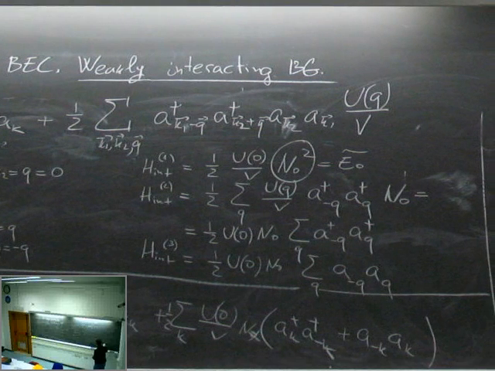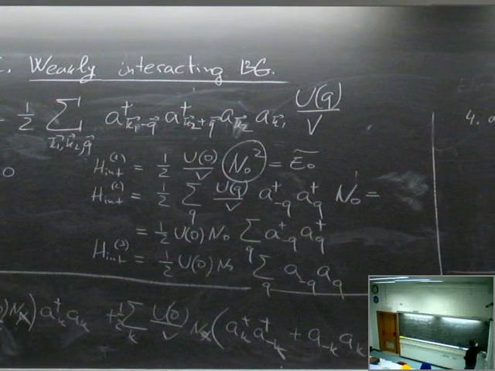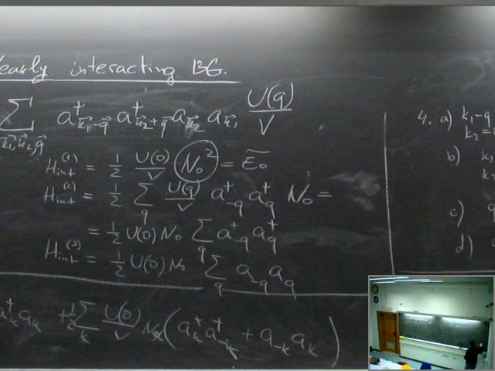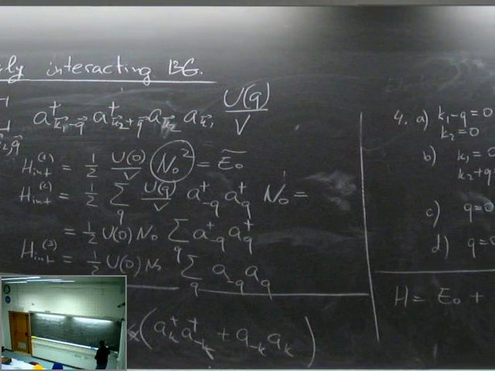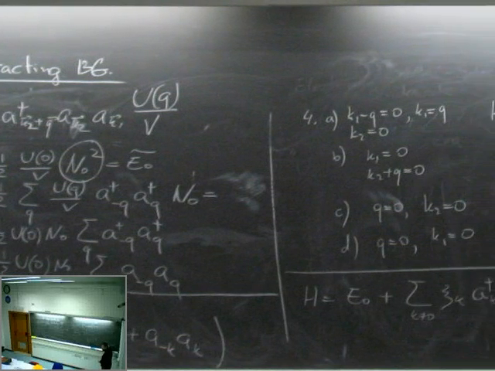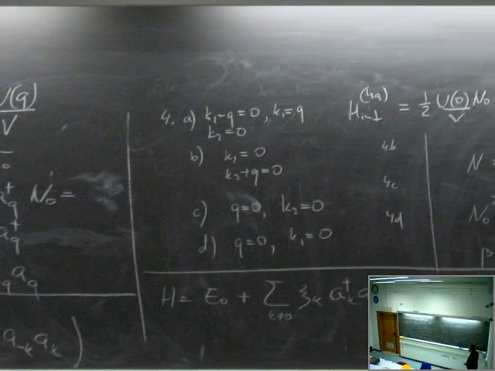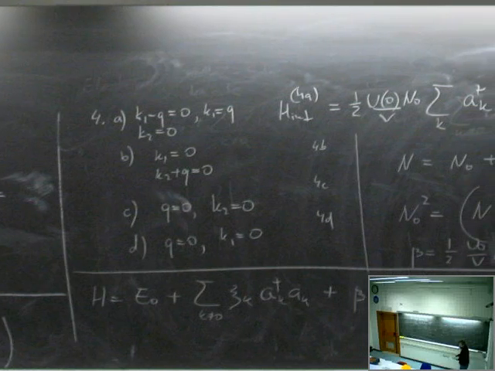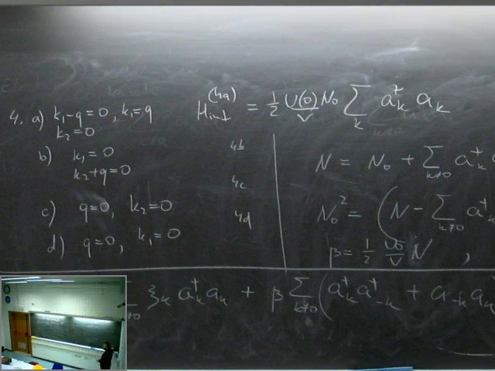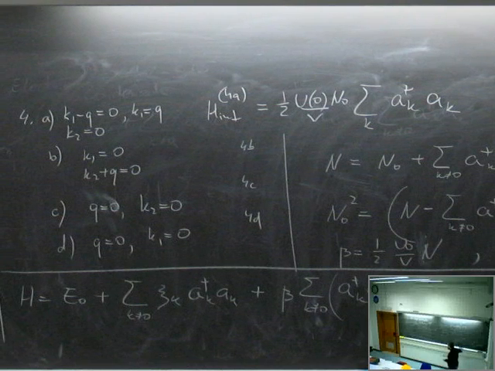As I said, my goal next time is to write down this Hamiltonian as a sum over k not equal to 0 of epsilon_k b†_k b_k. So I need to find what epsilon_k is, and how the operators b_k, which are bosonic operators, are connected with the operators a_k. As soon as I do that, I'm working with quasi-particles, and my Hamiltonian is diagonalized in terms of the quasi-particles.